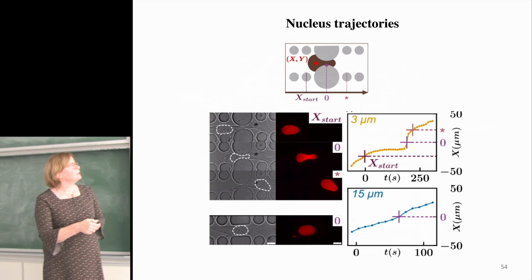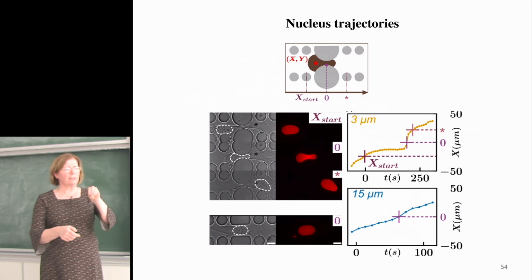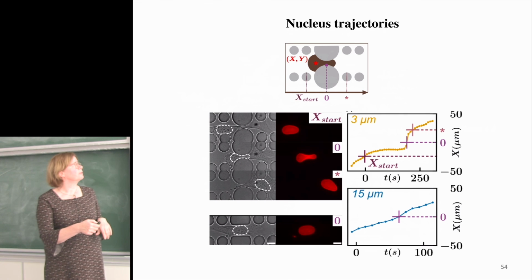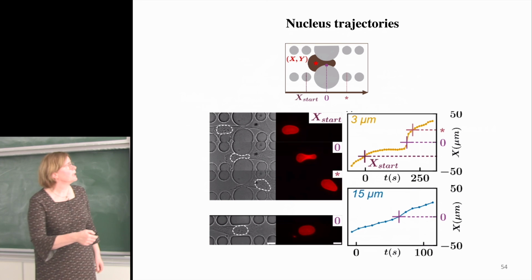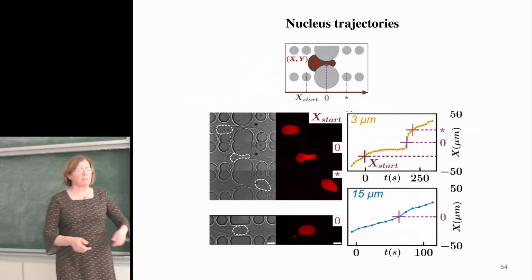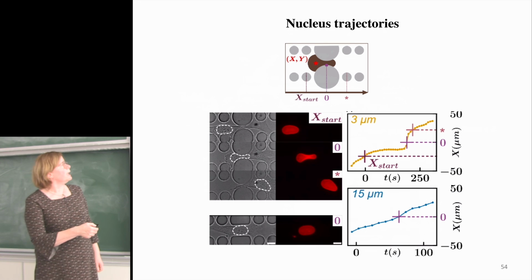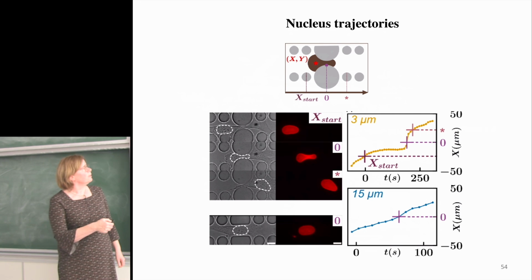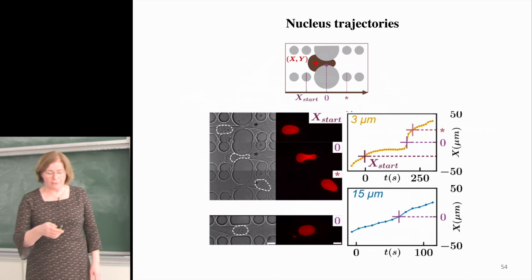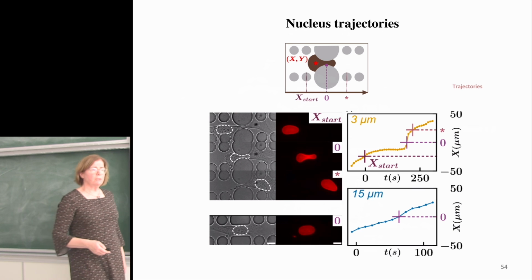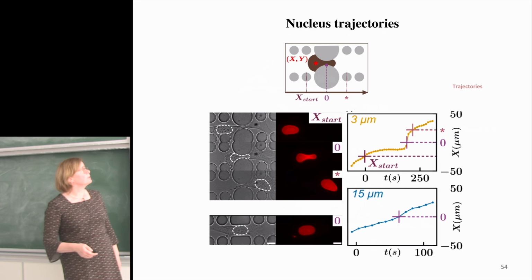You see that it goes here, it enters the constriction, it has some difficulty to enter, you have a plateau here, and when it goes through, it's very fast. These are the trajectories that will feed the model, and this is a trajectory in a large avenue here. I won't go more into the detail here. This is my trajectory slide.